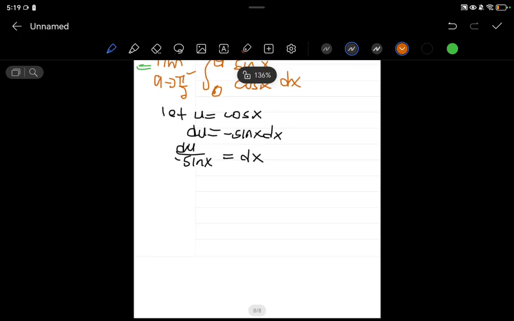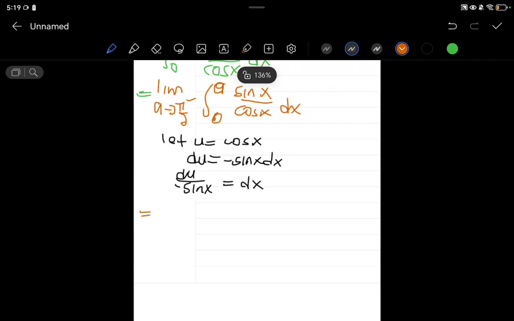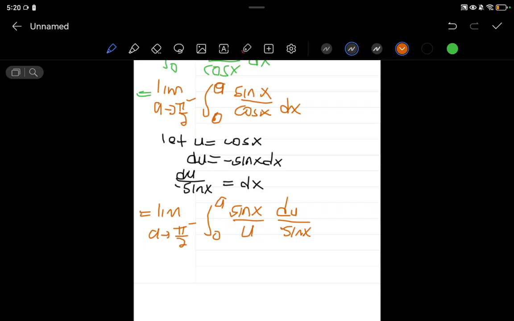And I'll get the limit as a approaches pi over 2 from the left of the integral from 0 to a of sine x over u, or cos x in this case is u, du over minus sine x.